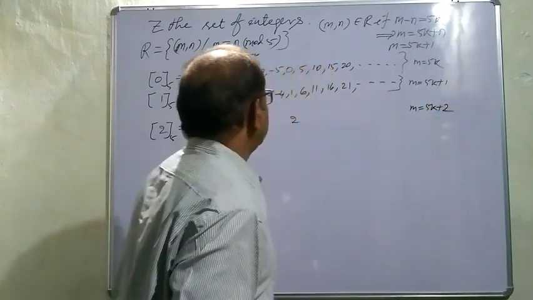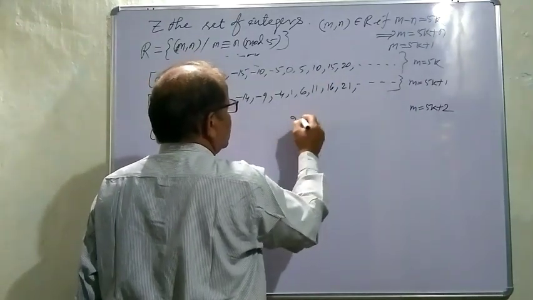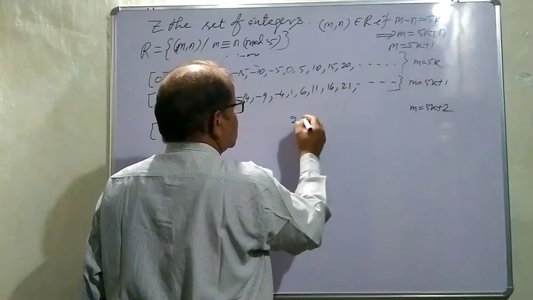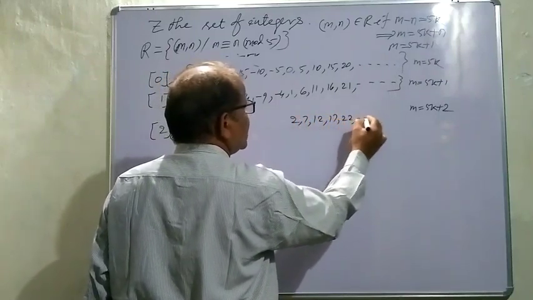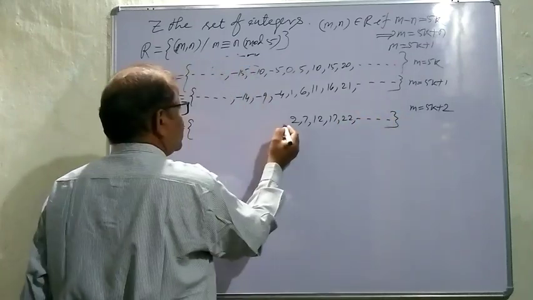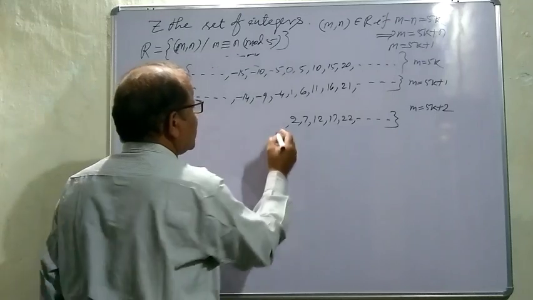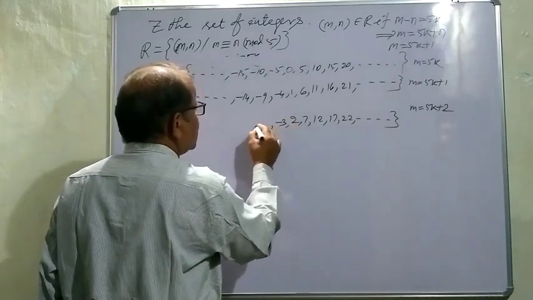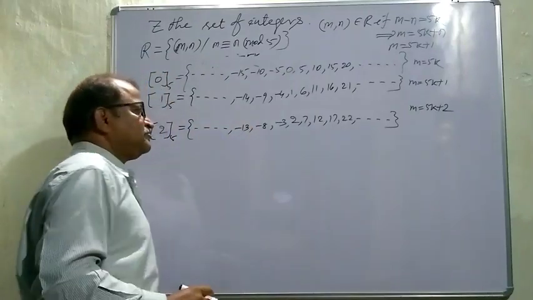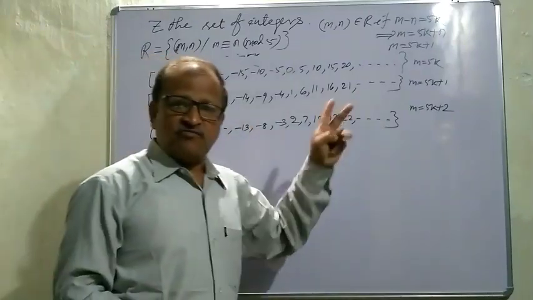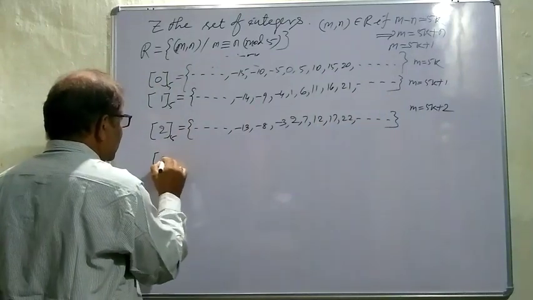For k equal to 0, it is 2 itself. Then 7, 12, 17, 22 like this. And to the left, for k equal to minus 1, minus 5 plus 2 means minus 3, then minus 8, minus 13 like this. You see, put different values of k and you will get these numbers. Then the equivalence class of 3.